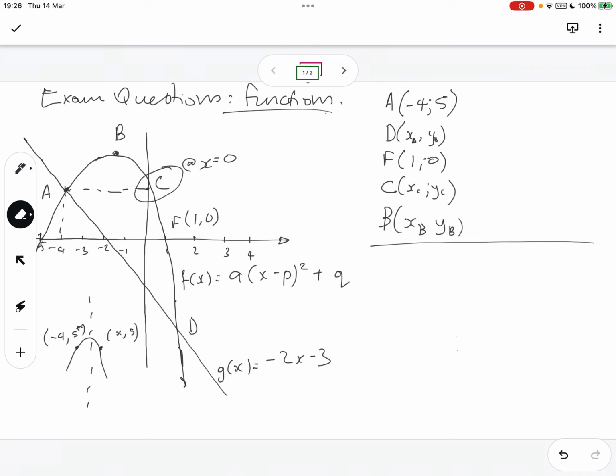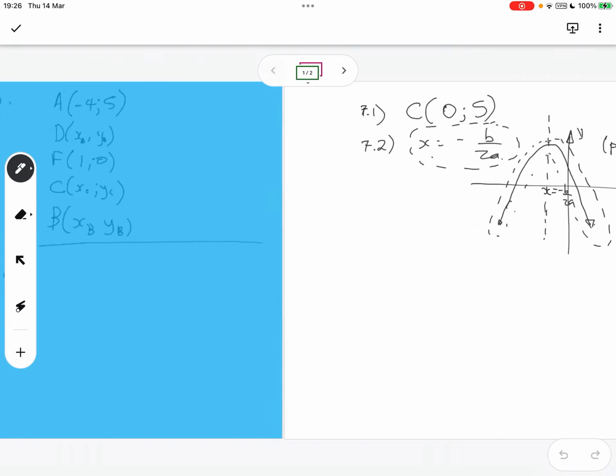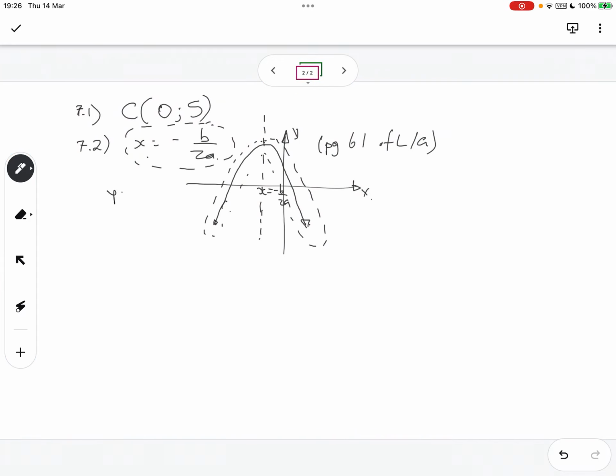I just want to think about it real quick. Minus b over 2a.